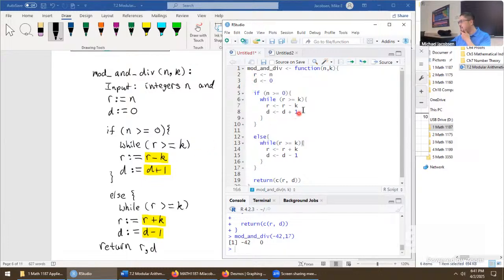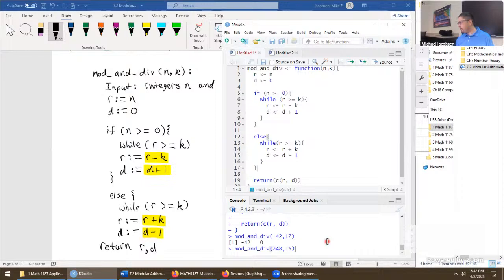We have R minus K, D plus 1, R plus K, D minus 1. I'm thinking the trouble is if R is initialized to N and we pass a negative 42 and it's spitting out negative 42 and spitting out 0, it's telling us neither one of those structures even ran in the first place. Something really strange going on with this.